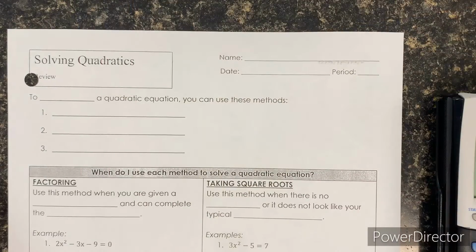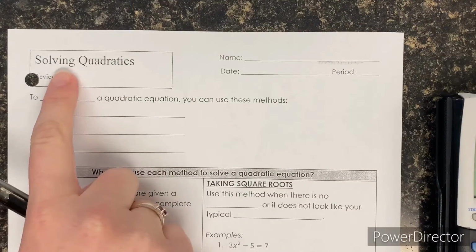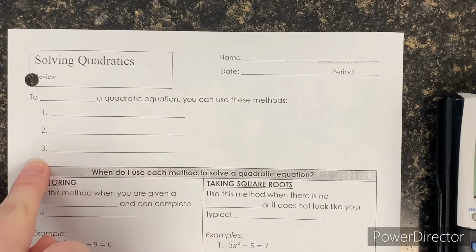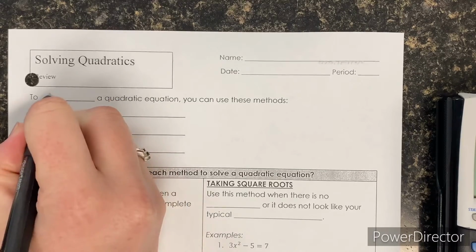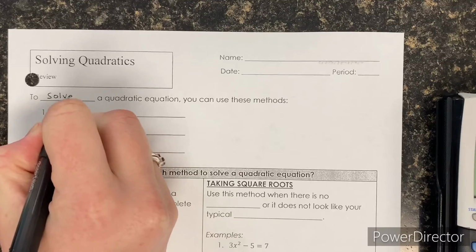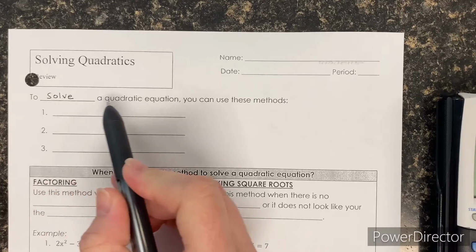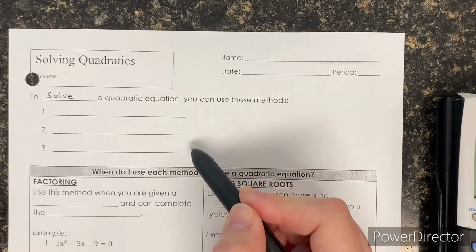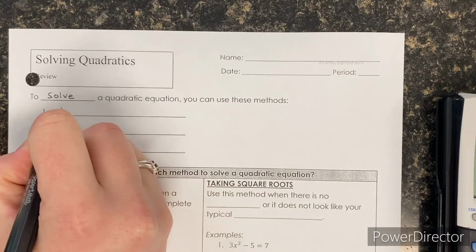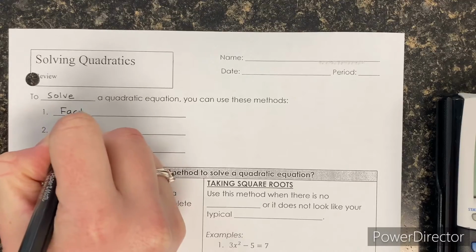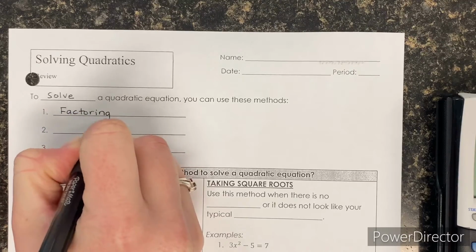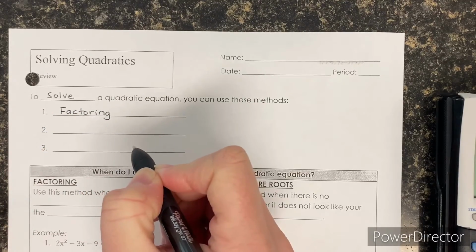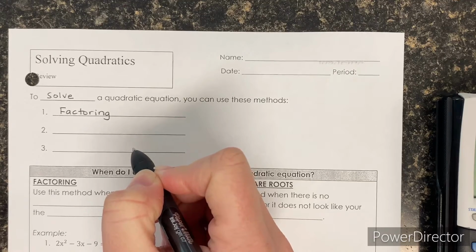So let's get started. Again, we're just going to focus on solving quadratics and going over the 3 ways that I have already taught you how to solve them. So to solve a quadratic, you can use these methods. And so we have 3 of them. The first one that we talked about in class was solving by factoring.